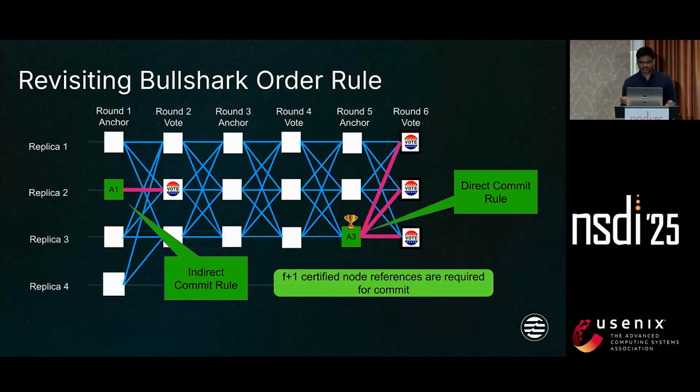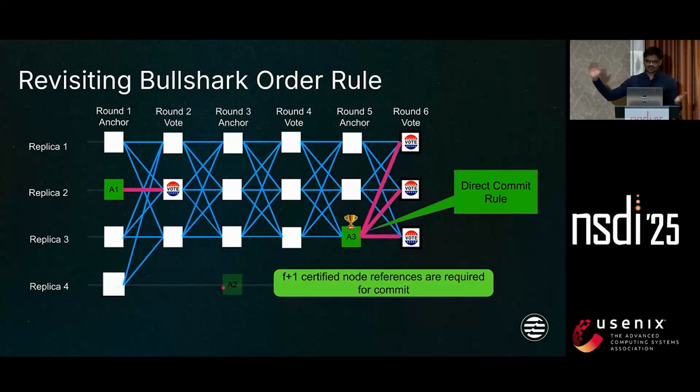So how do we avoid this? There is an indirect commit rule in Bullshark that tells us that as soon as we find the directly committed anchor, we need to trace a path through the DAG to find the first anchor that can be indirectly committed. In this case, it's A1, and no other node is going to commit A2, because if one replica does not have any references to it, it is guaranteed that no replica has any references to it.